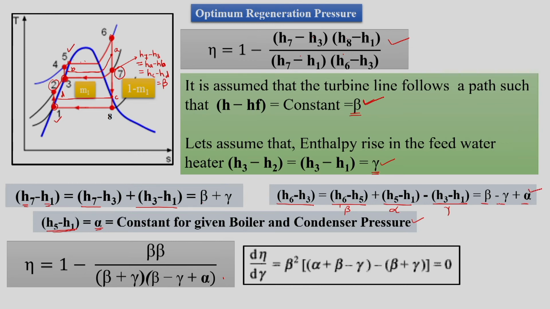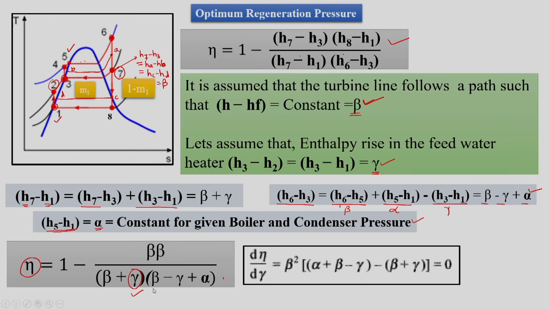So, the only variable is gamma, the actual feed water heating enthalpy difference, and the optimum case will lead to maximum efficiency. So, we are interested in finding the maximum efficiency for a given gamma, as gamma is the only variable in the efficiency formula.